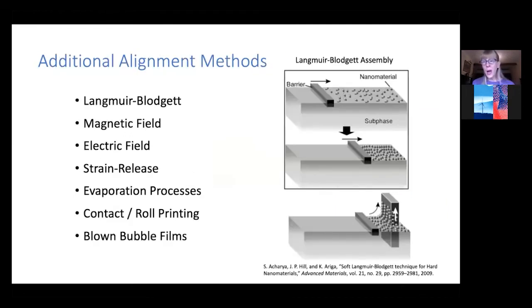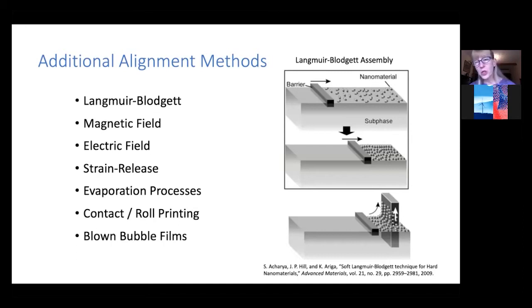There are a variety of methods that you will find in the literature. And here this is a small list of some of the other methods that are cited. One of the oldest is the Langmuir-Blodgett, but that's been revitalized recently, and it is fairly widely used.